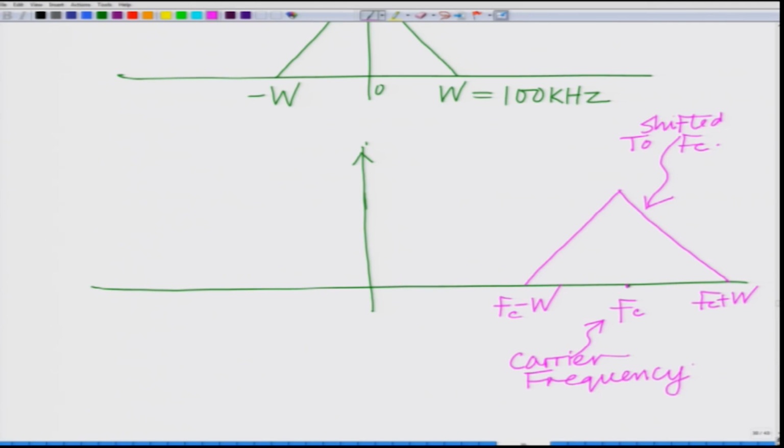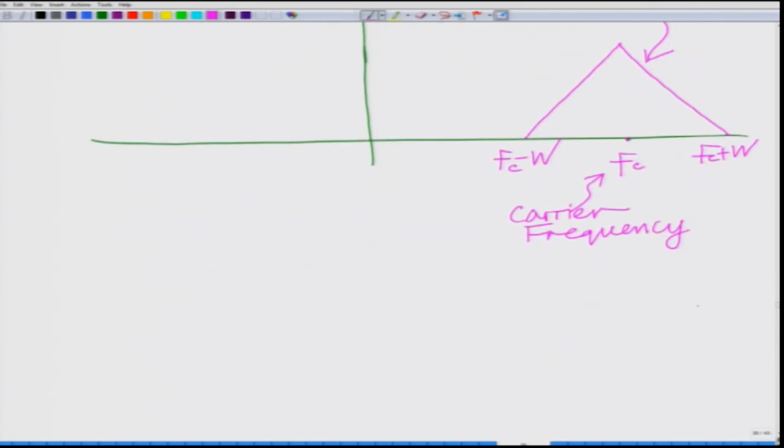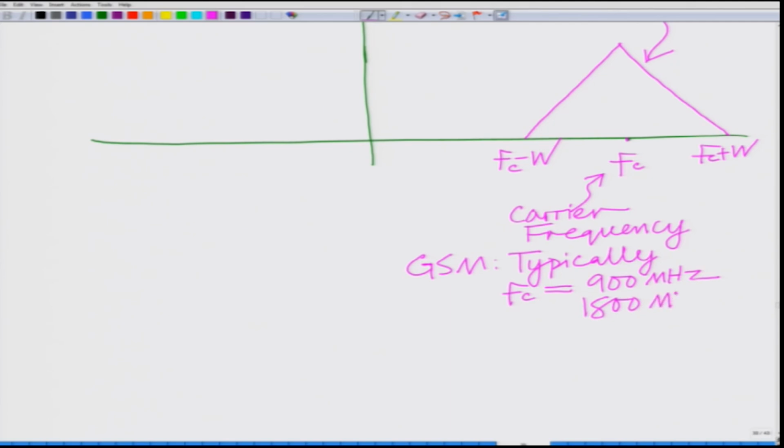We have already seen Fc is the carrier frequency, and in GSM typically Fc equals either 900 megahertz or 1800 megahertz.